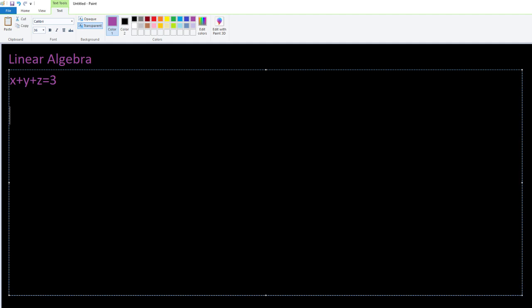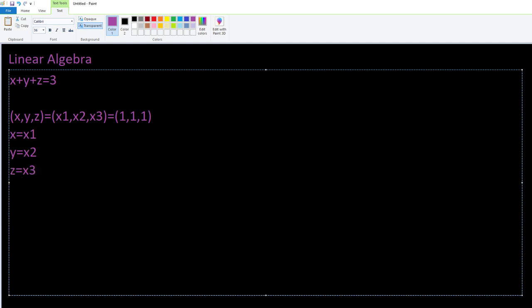All the variable coefficients are equal to 1, and the constant term at the end is equal to 3. For the solution space, remember that we have a vector, which could also be called x1, x2, x3 in this case. Here our solution would be 1, 1, 1. All I'm saying is that x equals x1, y equals x2. These are just different ways of saying it.